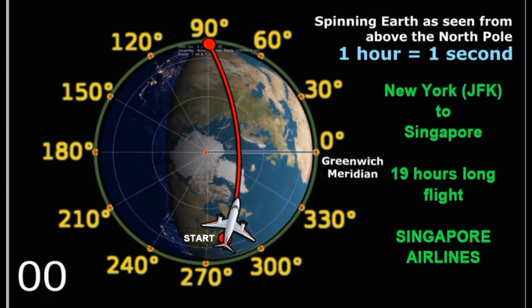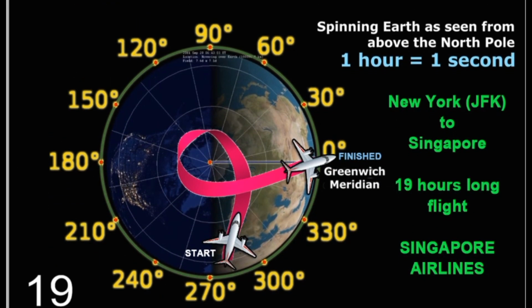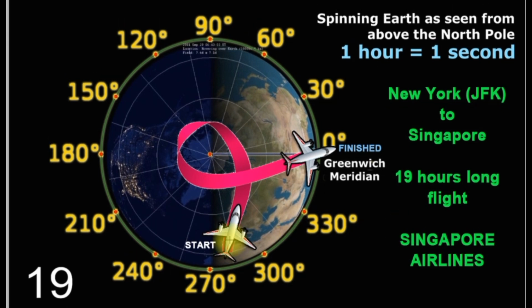So this is what it's going to look like on the globe at the end. The airplane took off from New York City right here towards Singapore, which was right here, but with the rotation of the Earth, now Singapore is right here.